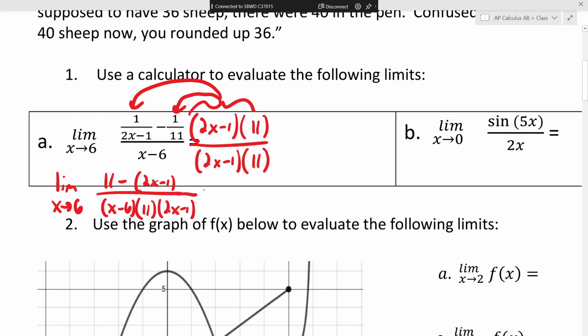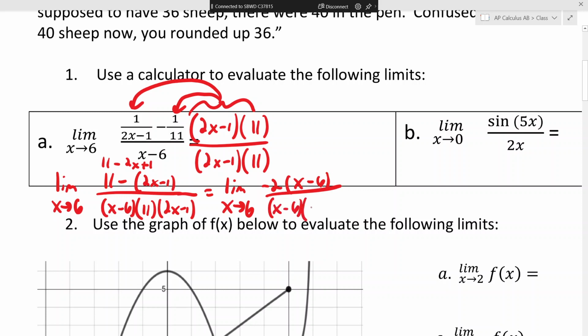Are you okay with that? Yeah. Cool. It's going to be 1 over x minus 6. Well, that top can't be. To save some room, that 11 minus 2x minus 1 is really 11 minus 2x plus 1, right? So that's really 12 minus 2x, which is really negative 2 times x minus 6.